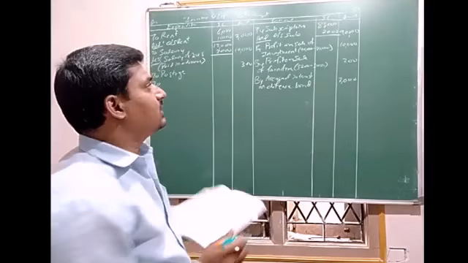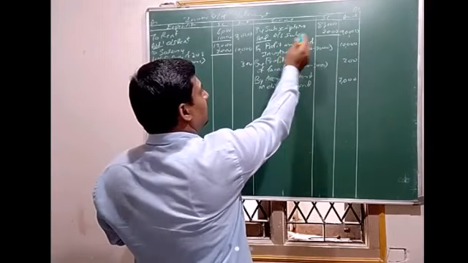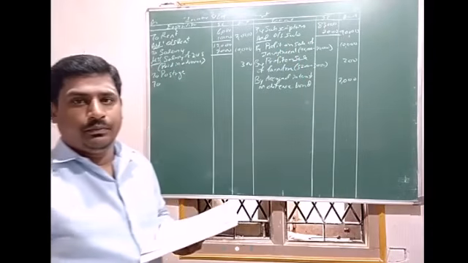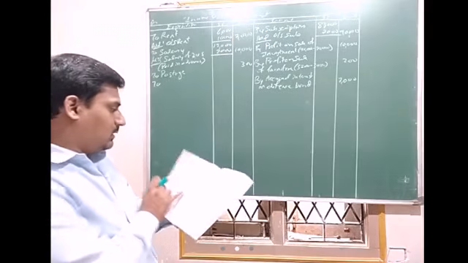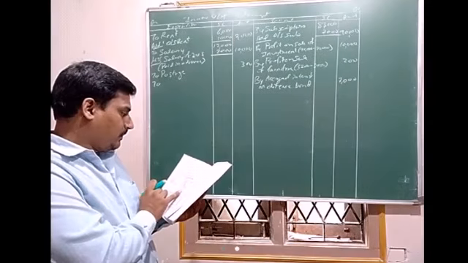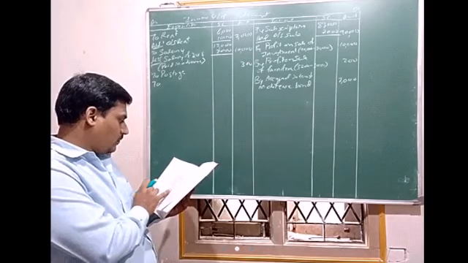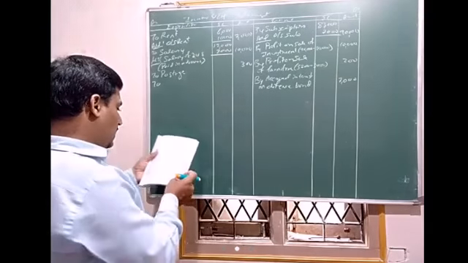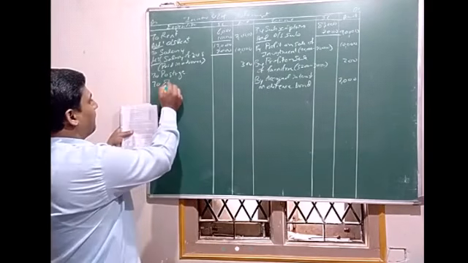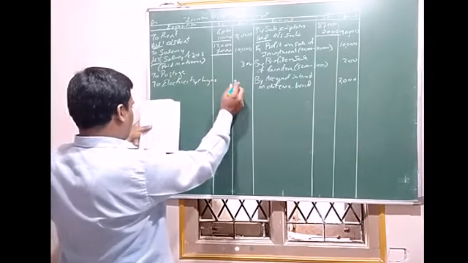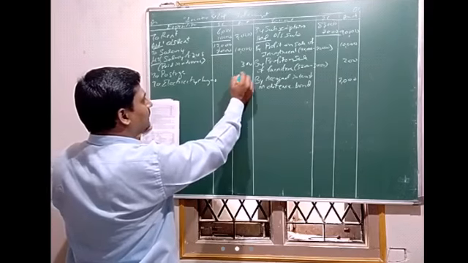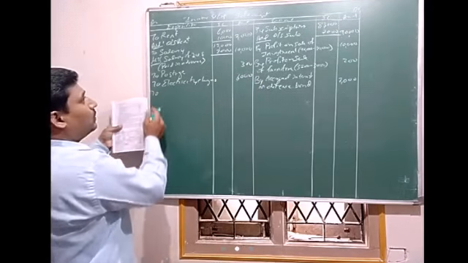Okay, so means here still we have to deduct 400 from this amount. Let us see for these things first. Electricity charges 6,000.